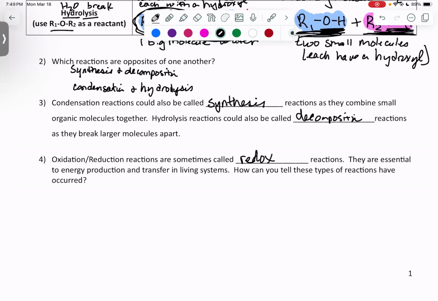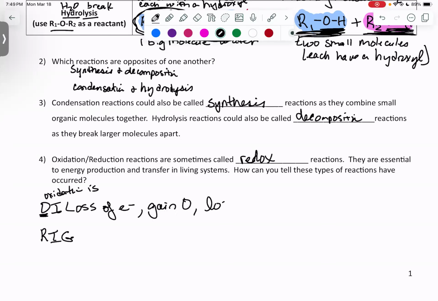So the way that I remember this is the little mnemonic OIL RIG. So this stands for oxidation is loss of electrons. And because it starts with an O, it's going to gain oxygen and lose hydrogen. So then if you remember oxidation, reduction is just the opposite.